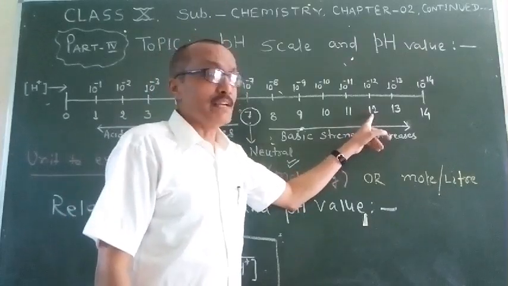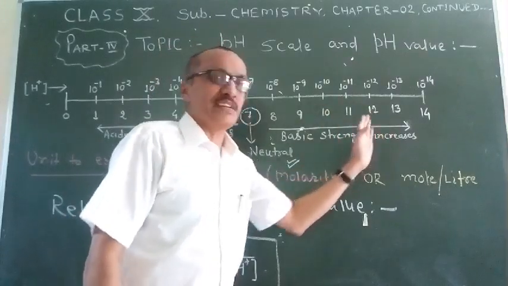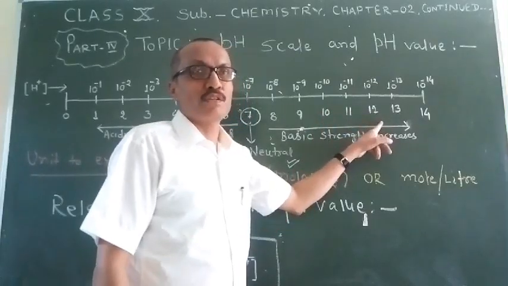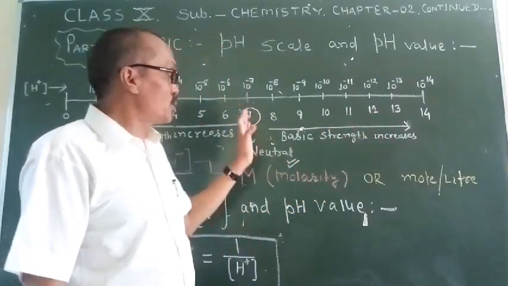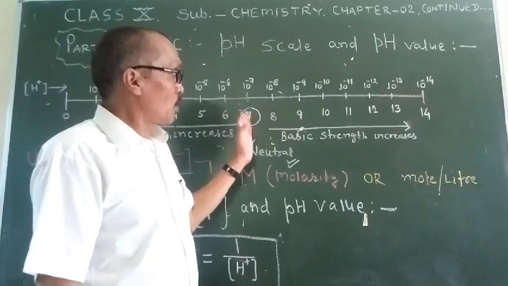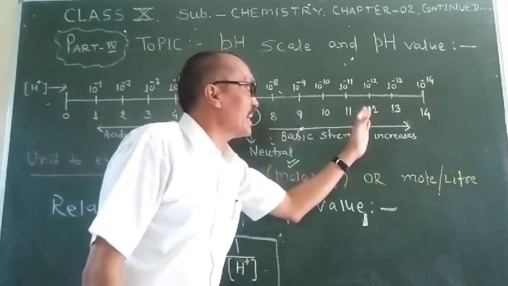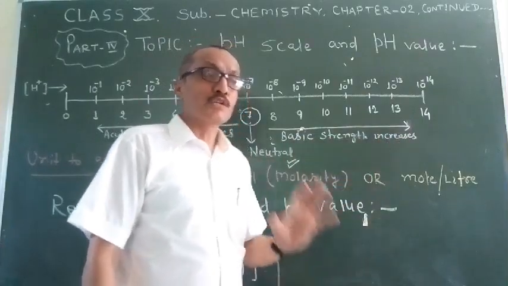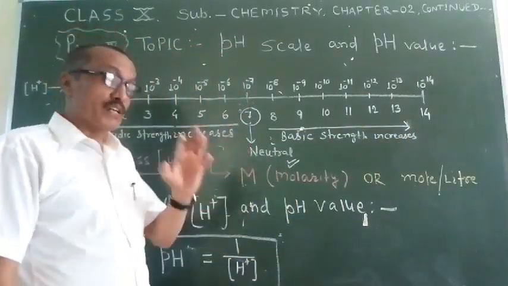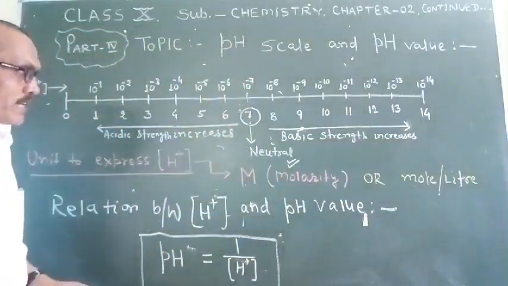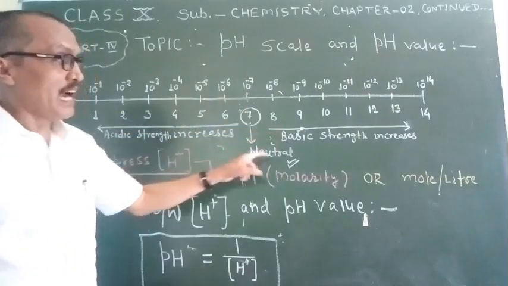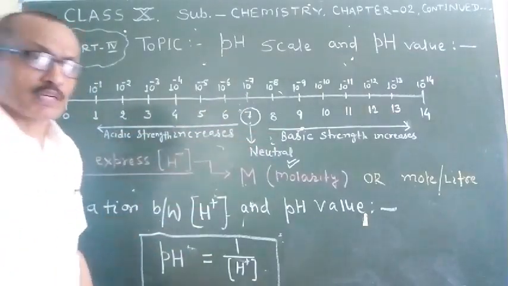Because 12 is right to 10. So on this scale, as we move from 7 to right, basic strength of solution increases. So you have to keep these points in your mind. Okay? Now, students, this was the concept of pH scale and pH value.